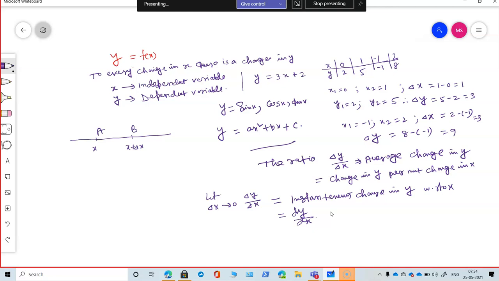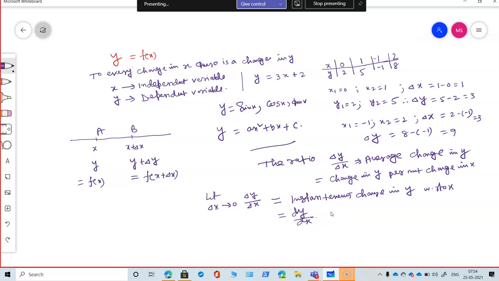What is the value of y here? What is the value of function here? It is y, and this is y plus delta y. Okay, this y you can refer to as f of x, and this y plus delta y you can refer to as f of x plus delta x. Okay, so delta y, when you have written, just see this calculation.